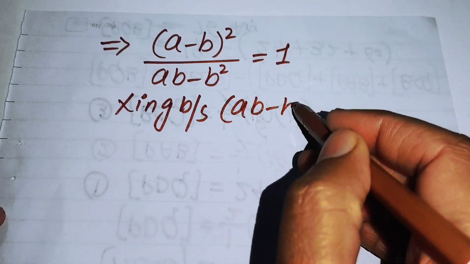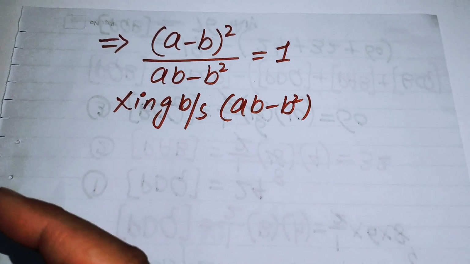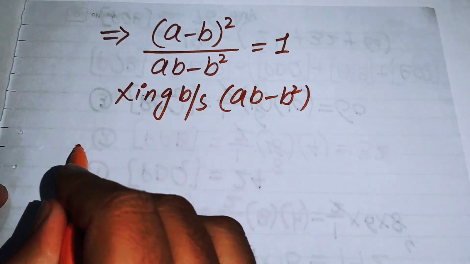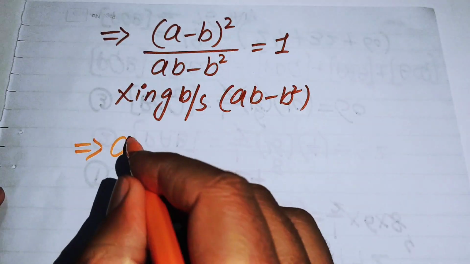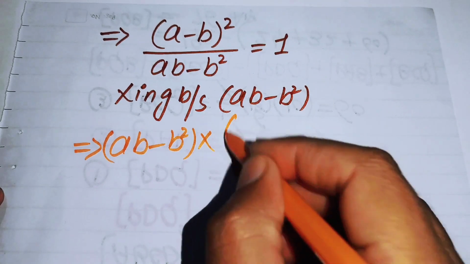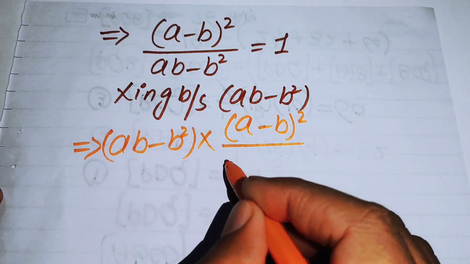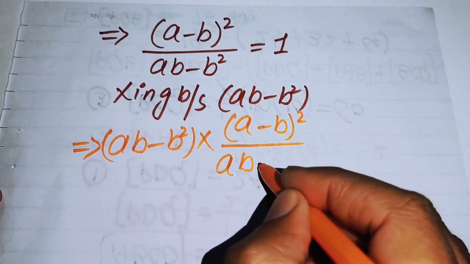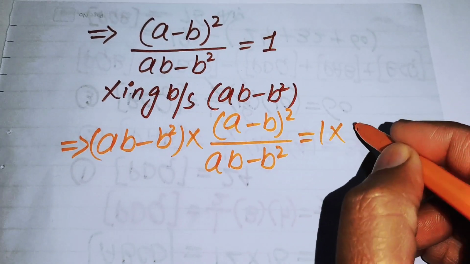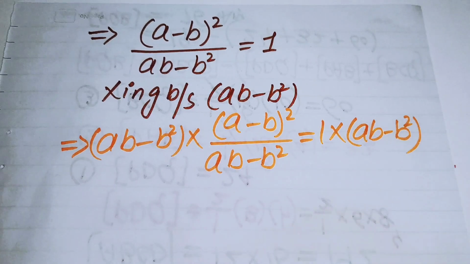So when we multiply both of the sides by this term, we will get its output in this form: ab minus b squared multiplied by a minus b whole squared over ab minus b squared equals 1 multiplied by ab minus b squared.